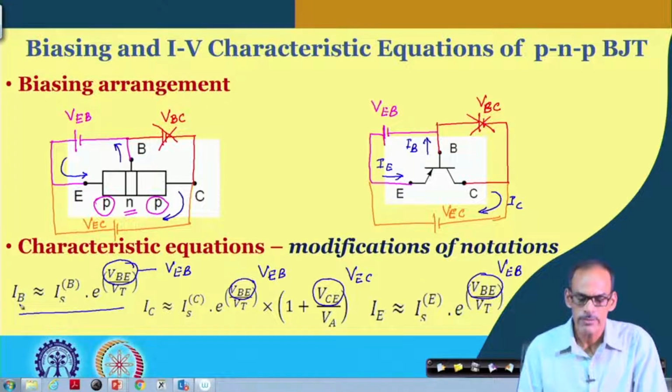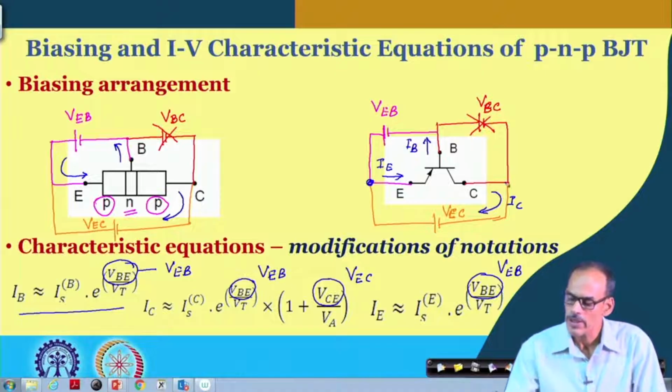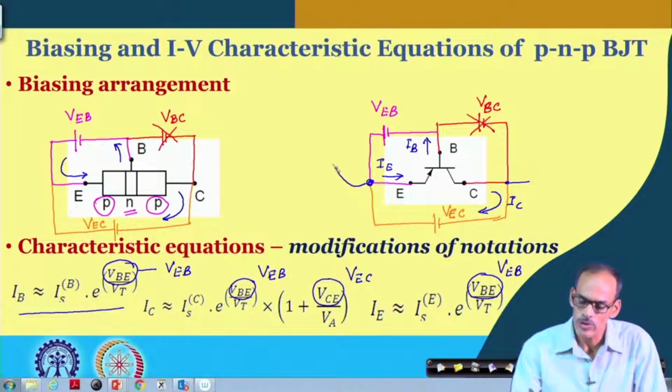Now, this is the biasing and how we change the polarity of the currents and the voltages. For our convenience, whenever we will be dealing with this circuit, since this node has the highest potential and this node has the lowest potential across the device, for better arrangement we will make this up and this down.